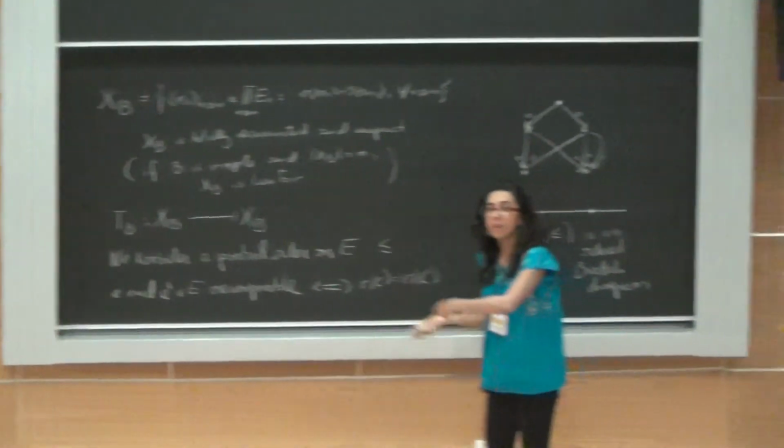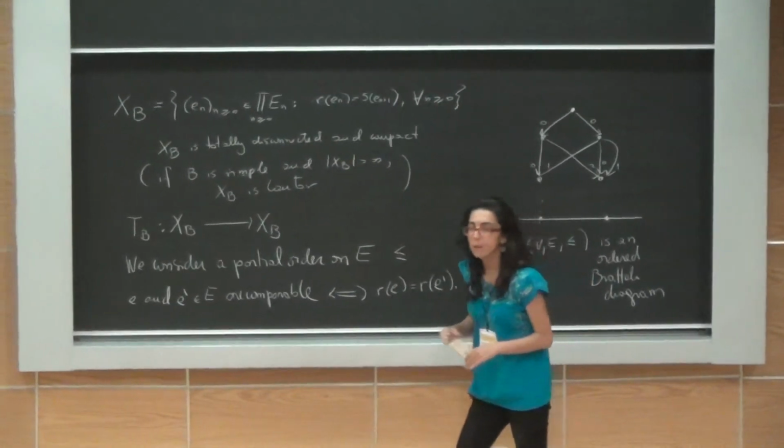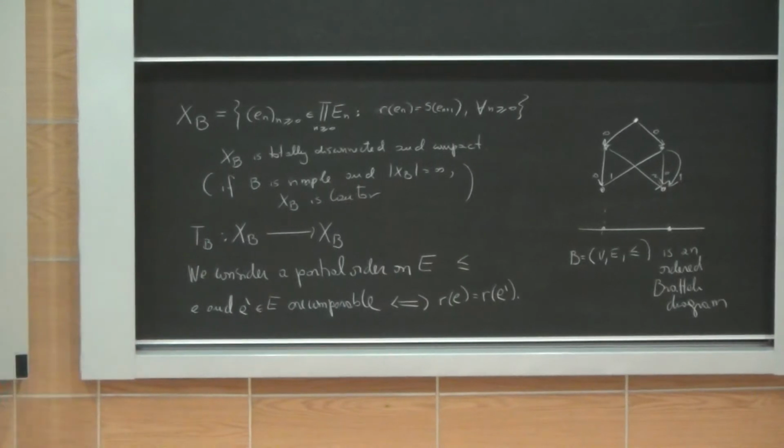So from a simple, properly ordered Bratteli diagram, you can always define a minimal Cantor system, and the converse is always true. So how can we do this? Using Kakutani-Rokhlin partitions.